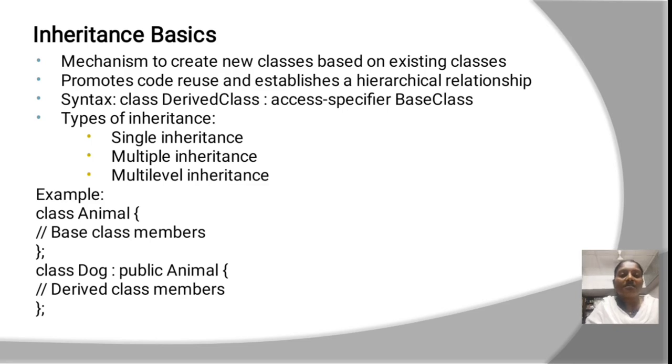Types of inheritance: there are types of inheritance in C++, single inheritance, multiple inheritance, multi-level inheritance. For example, class Animal, base class members. Next one is class Dog, public Animal, then derived class members. Here class Animal is the base class, then the class Dog is the derived class.